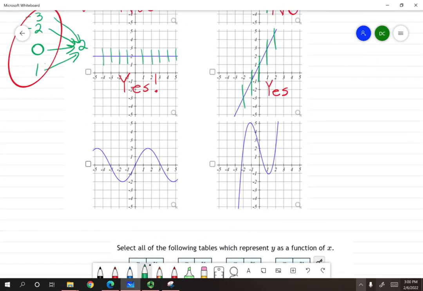Let's have some fun drawing vertical lines. Here's some vertical lines. Do you see anywhere where if I draw a vertical line, it will cross more than one place in the graph? No, you don't. That means that yes, this is a function.